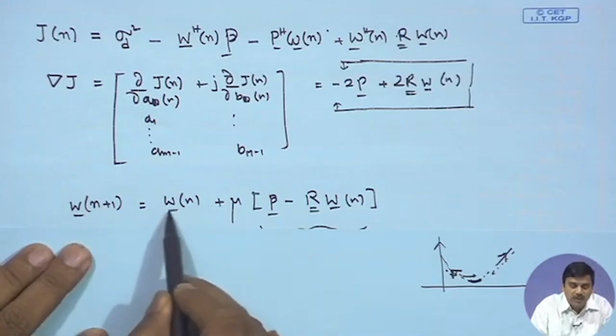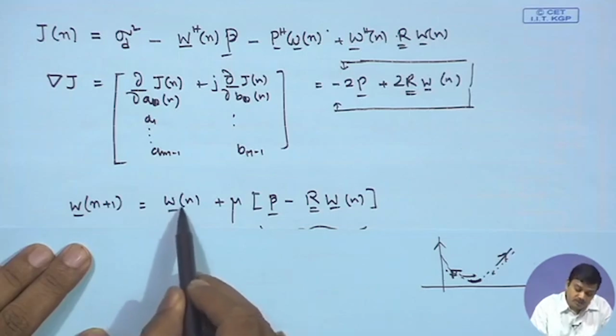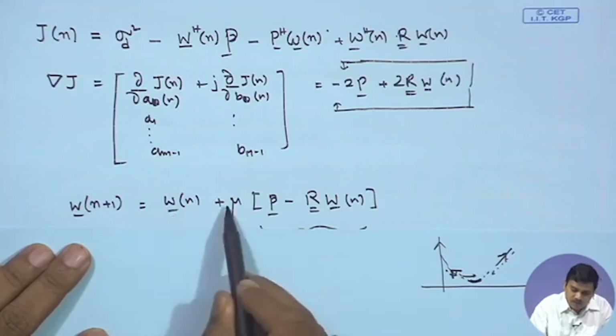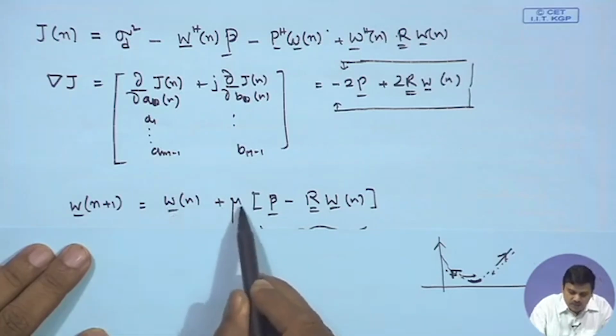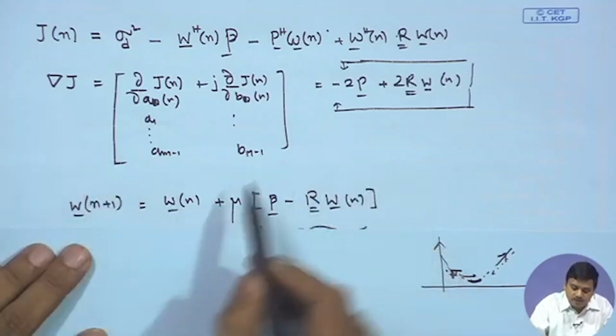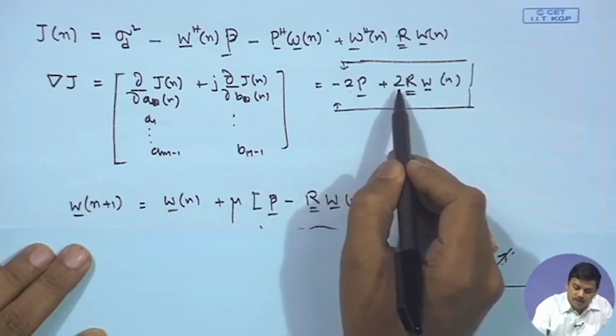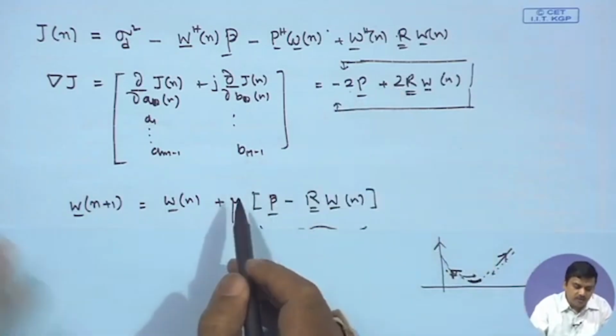So, we put an underline indicating a vector, as we had done for signal expansion. We follow a similar notation, plus mu, that is the step factor, and the gradient of J. So, there is a half. The half and the 2 cancel out, and there is a minus sign earlier, as you may have noted.